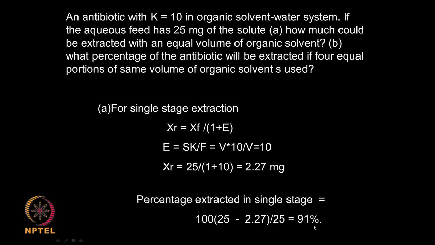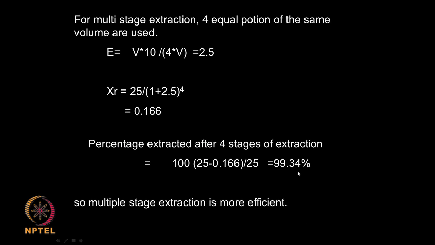So you look at the previous one, if I take 25 mg of solvent and use it in one stage, my recovery is 91%, but the same 25 if I divide into 4 parts, that is 6.25 milligram, and do 4 times extraction, my efficiency is 99%. So what does it tell?